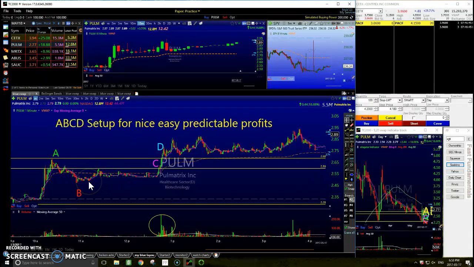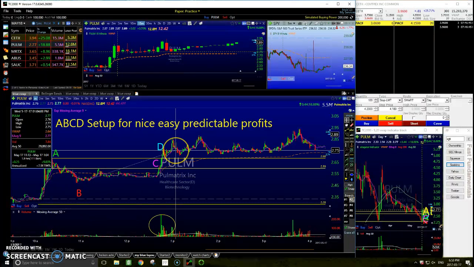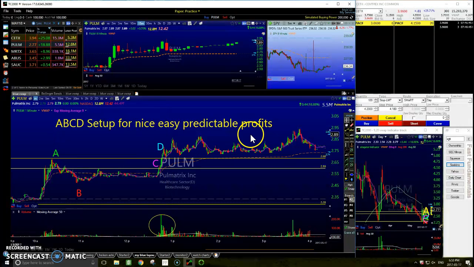Once it starts making higher lows, you could buy in on that higher low. As soon as it confirms and makes a higher low, now when it does do this move, if you're anticipating, a lot of trading is anticipation. You can sell into everybody's buying and just be done with it, right? So there's lots of ways to play the ABCD setup.